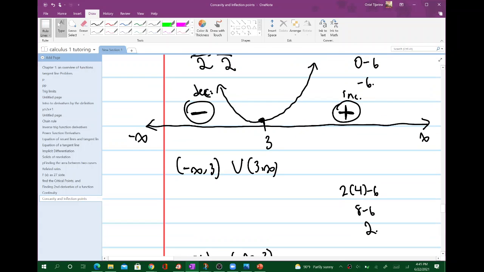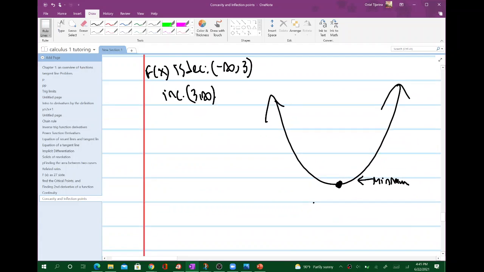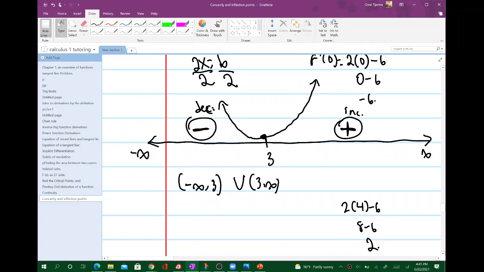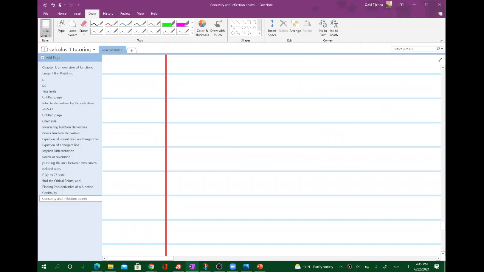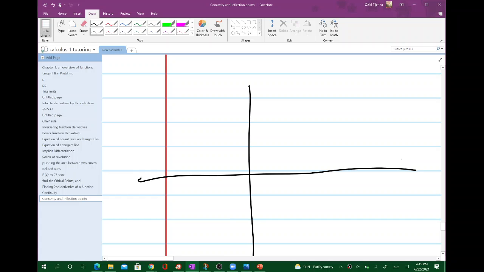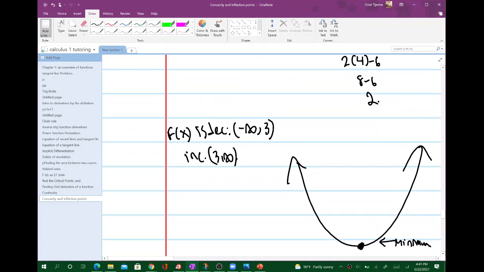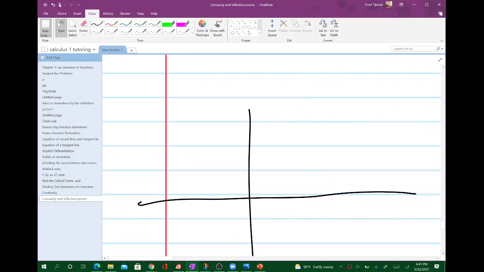So it's very obvious that because this goes from decreasing to increasing, it's like if I do a Cartesian plane, and I go from negative infinity to 3, right? I go from here to here.